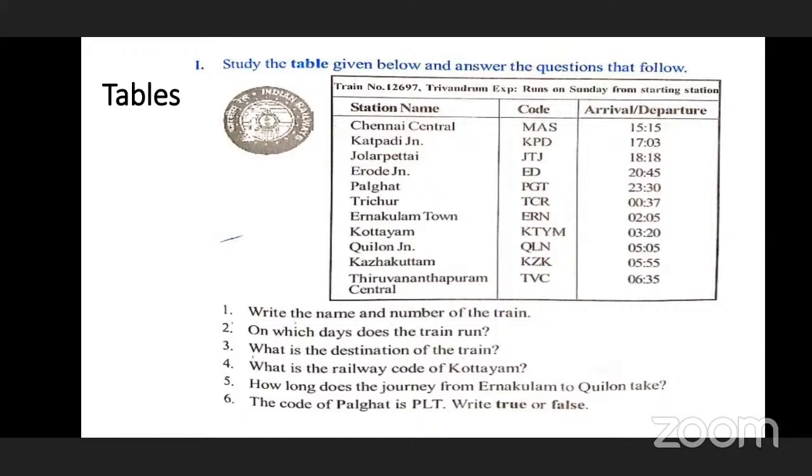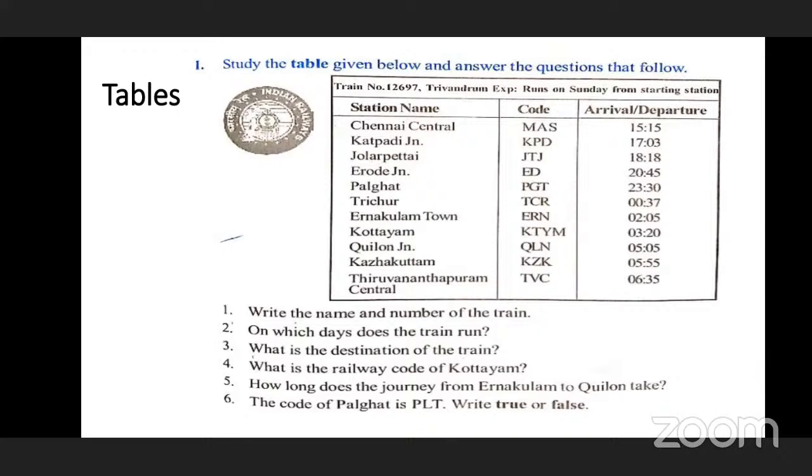And how long does the journey from Ernakulam to Kollam take? So this question particularly talks about the duration that is taken from Ernakulam to Kollam.